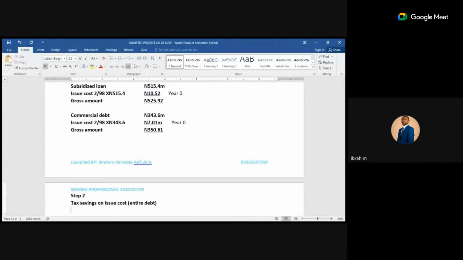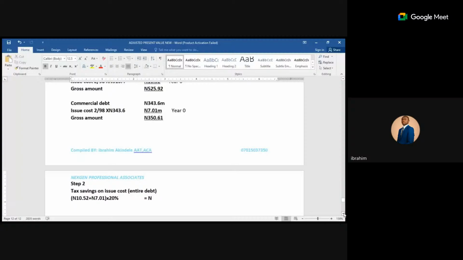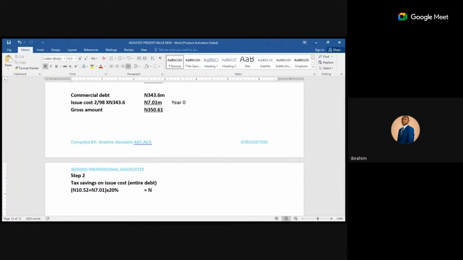So what is the issue cost for the subsidized? 10.52 plus 7.01 times 20%. What do we have? 3.51.